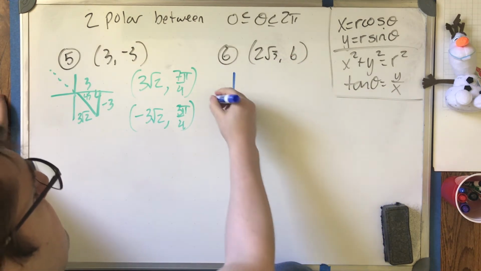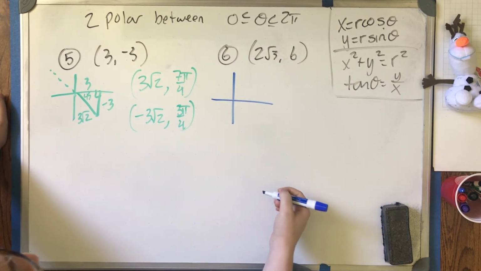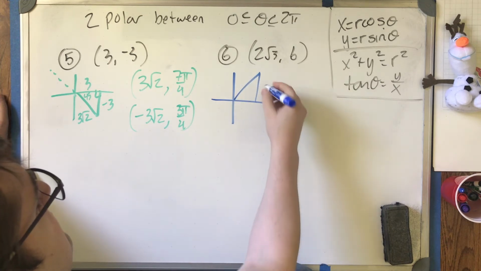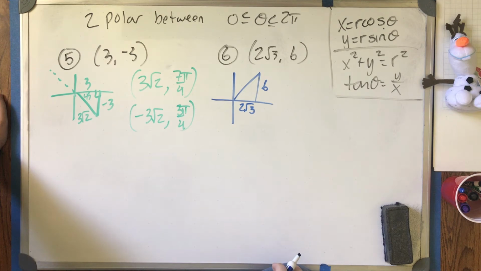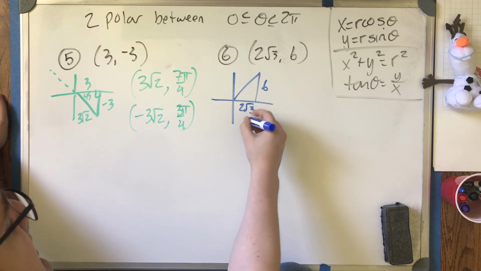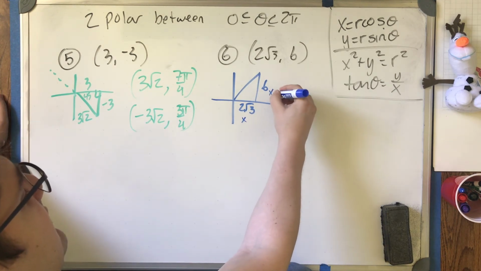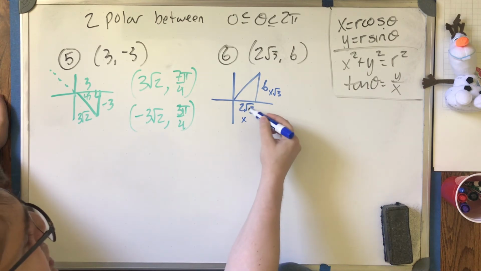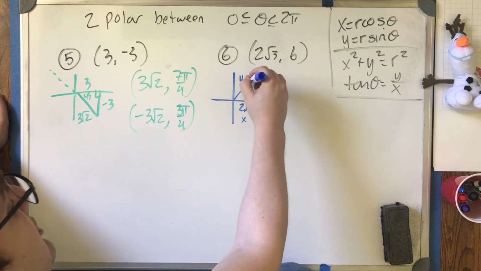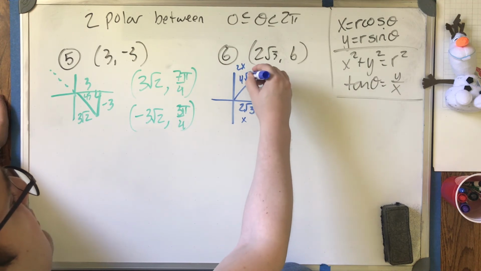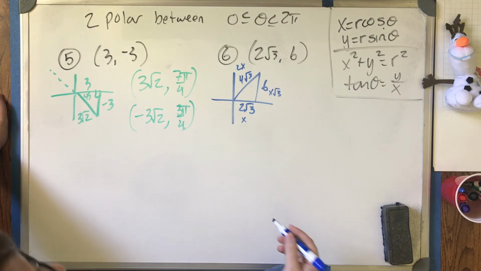Same idea for 6. I'm just going to do a quick sketch of this thing. So it's in the first quadrant. It's going to be 6. This is 2√3. So this one's a little bit trickier to see what's going on, but I think that this is the x side and this is the x√3, because if I did 2√3 times another √3, I would get 6. So that means that this is the 2x side. So that's going to be 4√3 as my radius.